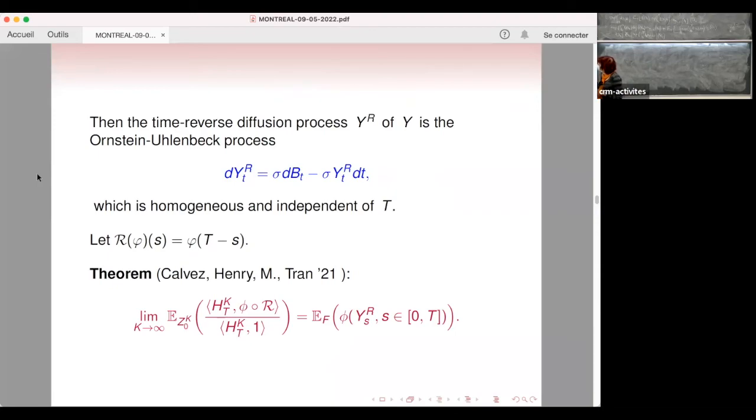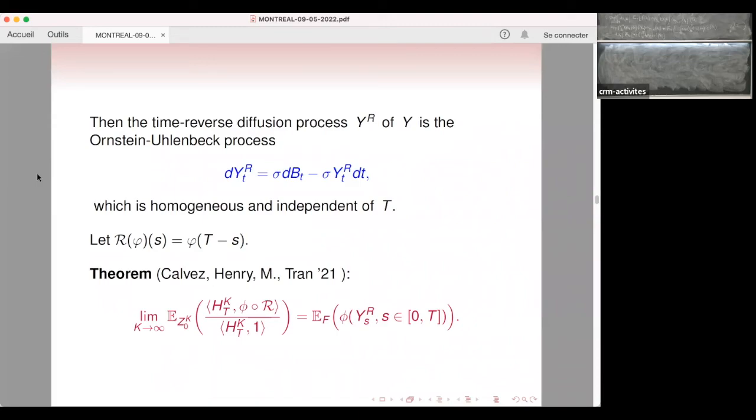Then to conclude this part, in our setting with our population with interaction, we have to introduce a sort of action function on trajectories. We take the time reversal.